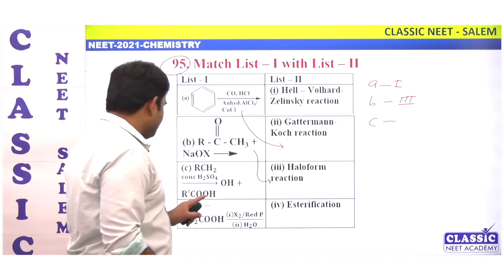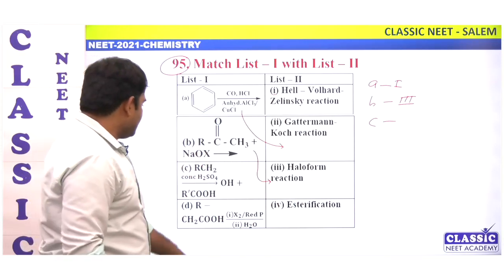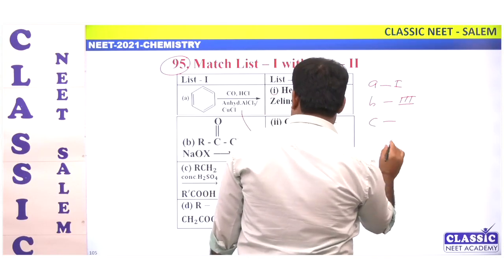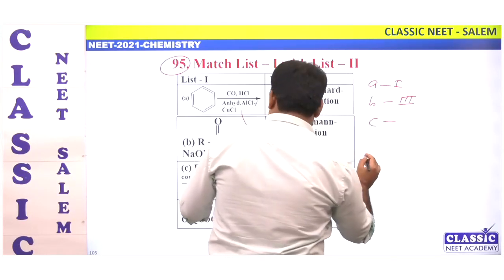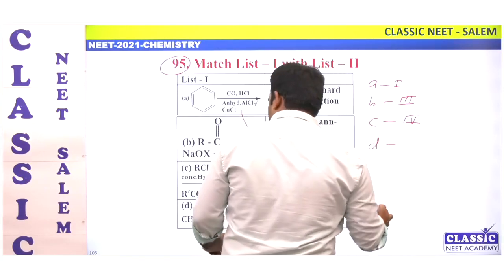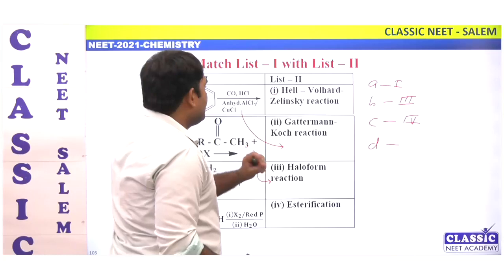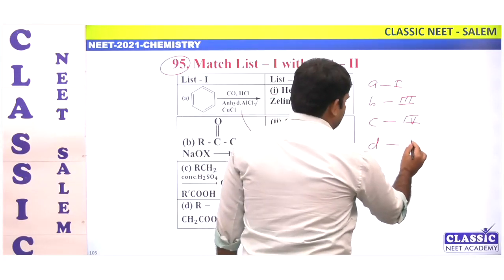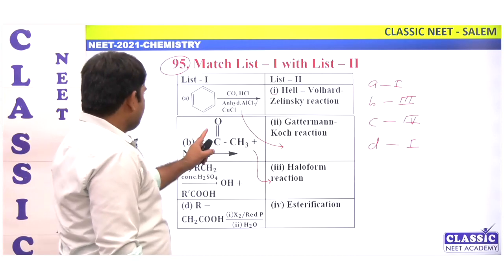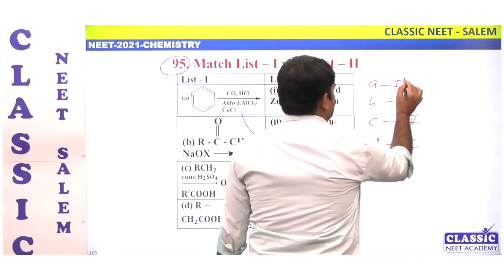What about C? C is our esterification reaction. So C which one? Fourth. Then after that, what about D? D is the Hell-Volhard-Zelinsky reaction. First. A second, yeah. A second.